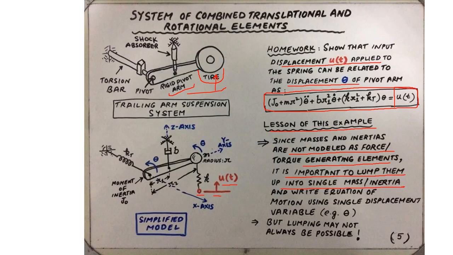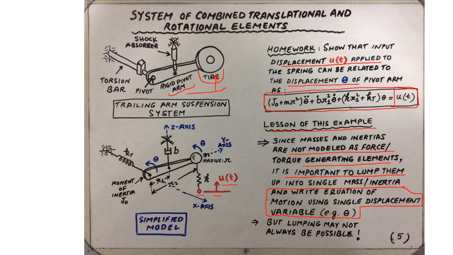provided that they both experience displacement, either linear or angular. In our case, it was the angular displacement theta that was specifying the displacement for the mass of the tire and the wheel assembly, as well as the displacement of the rigid pivot arm.